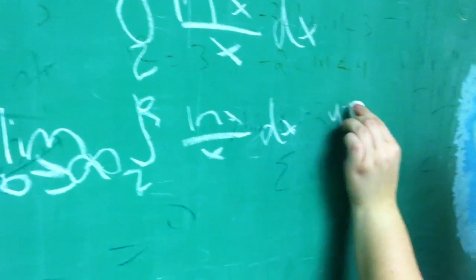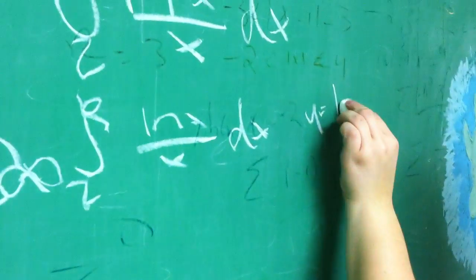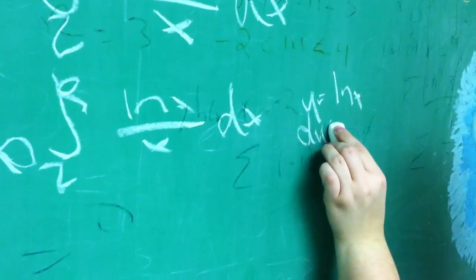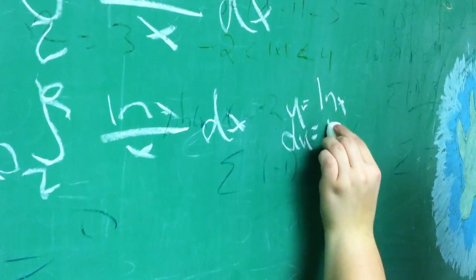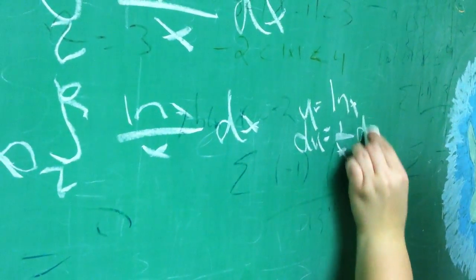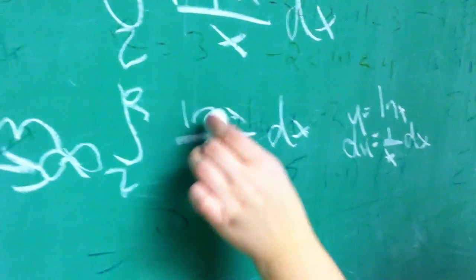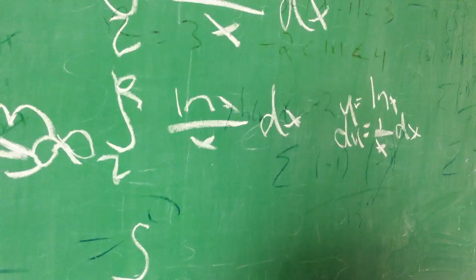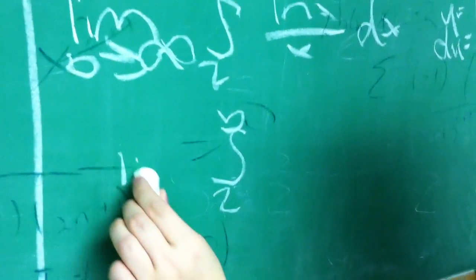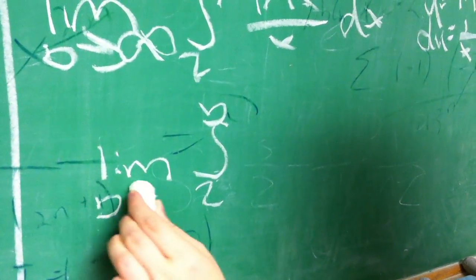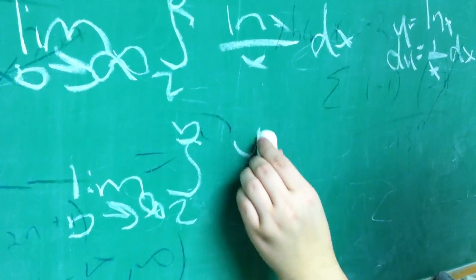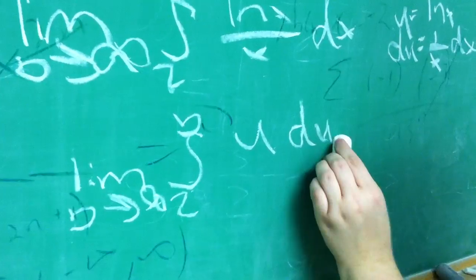And now I'm going to let u equal ln x. So du is going to equal 1 over x dx. In our equation we have dx over x, so we can go from 2 to b, the limit as b approaches infinity, of u du.